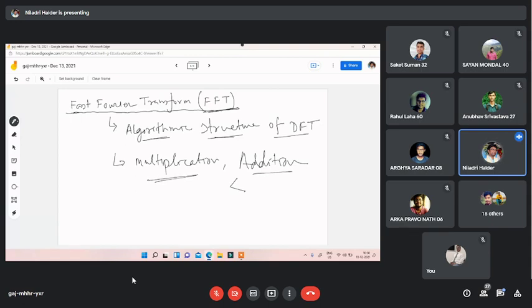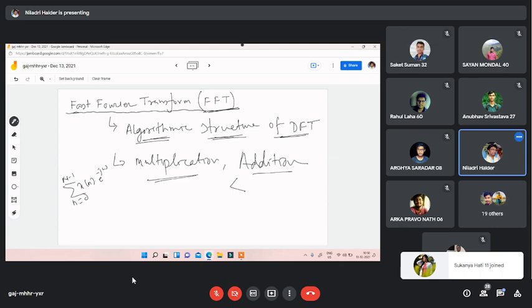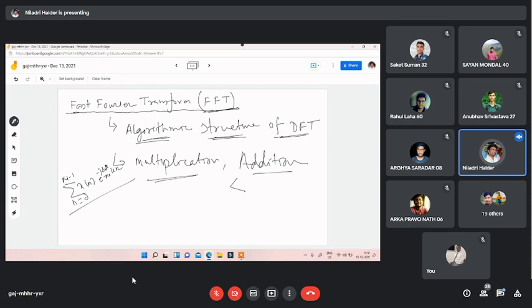Instead of using the formula directly, if you use that algorithmic structure formed by that formula itself, it provides fewer multiplications and fewer additions, meaning less computational complexity.